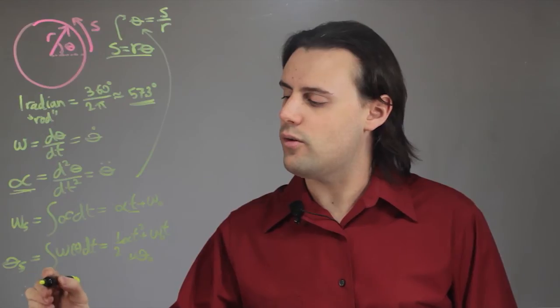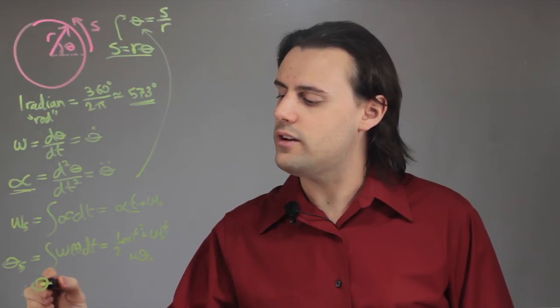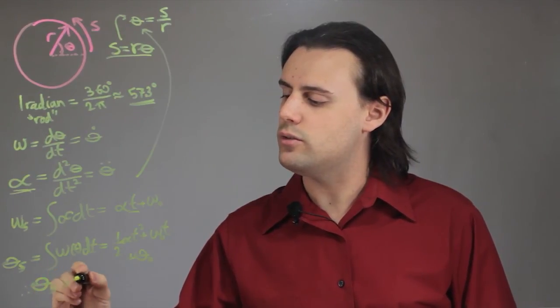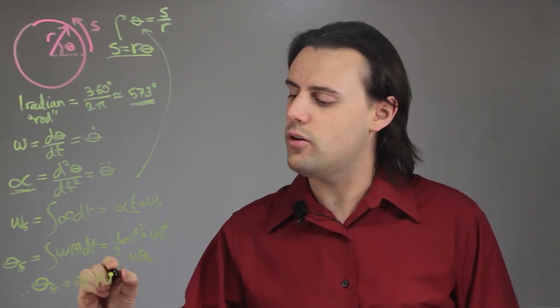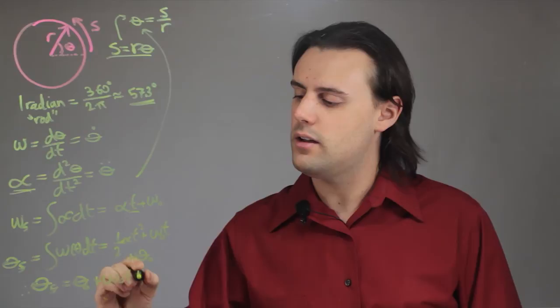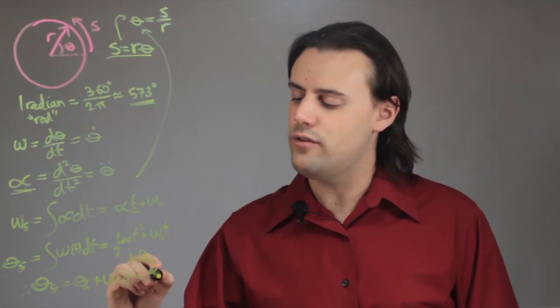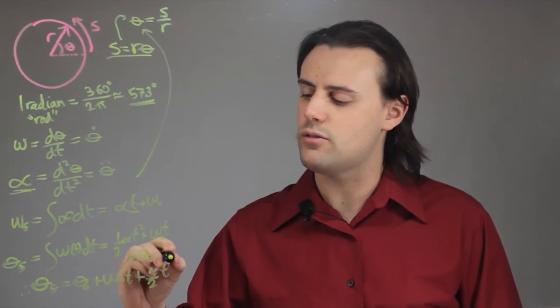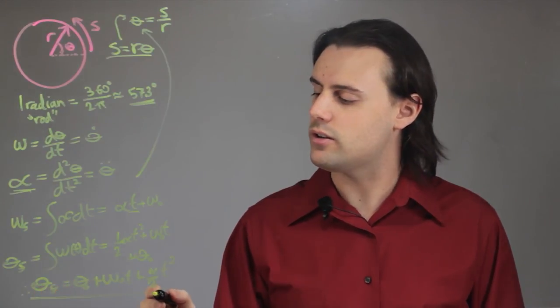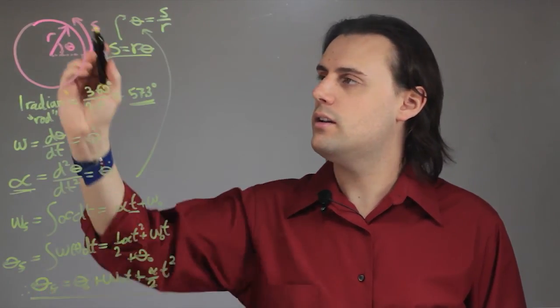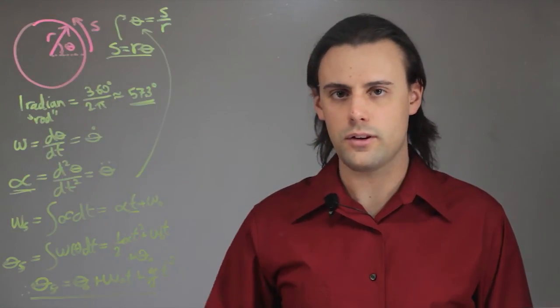So therefore we get theta final is equal to theta initial, or theta naught, plus omega naught t, plus alpha over 2 times t squared. And this is our kinematic expression for the angle under the consideration of circular motion.